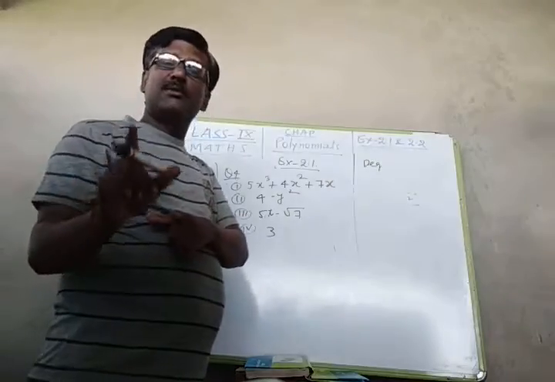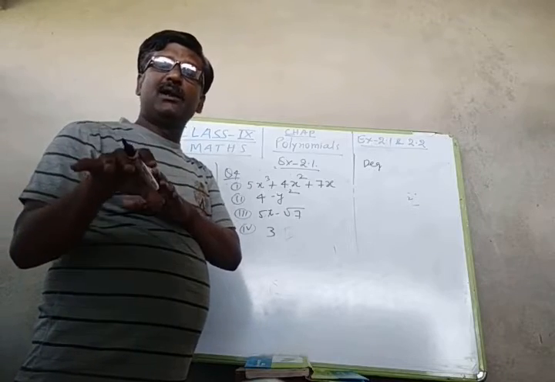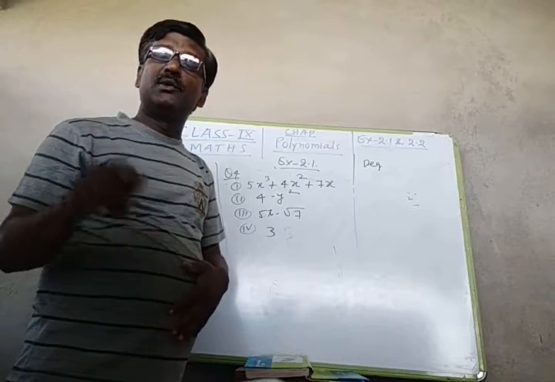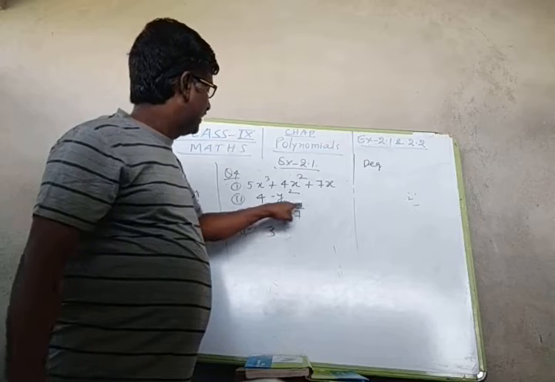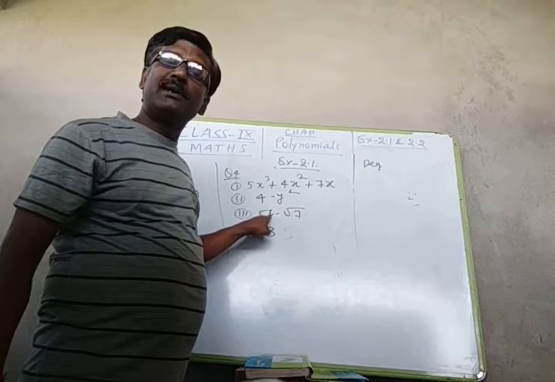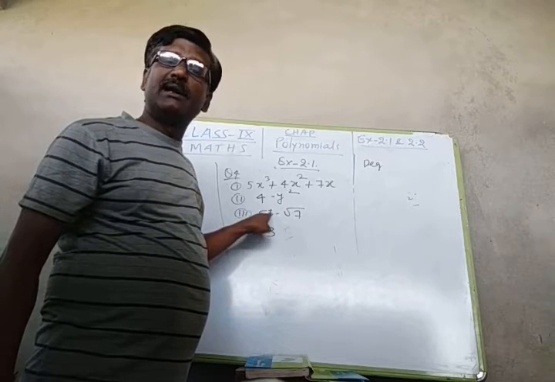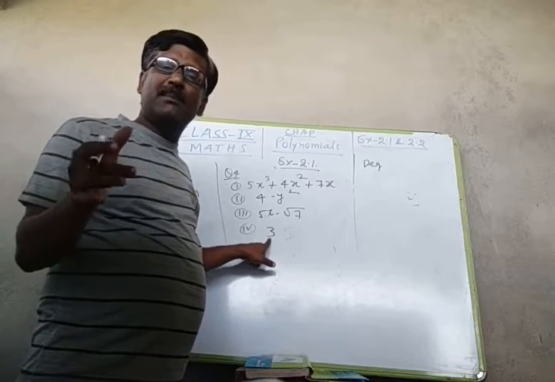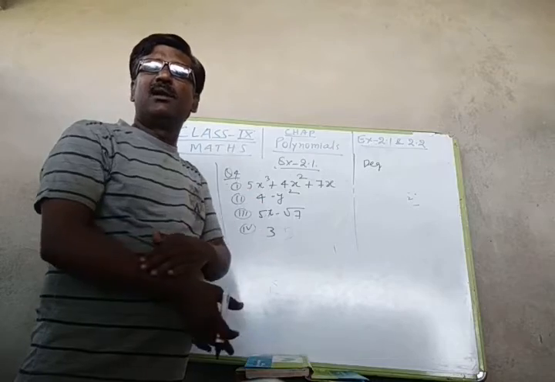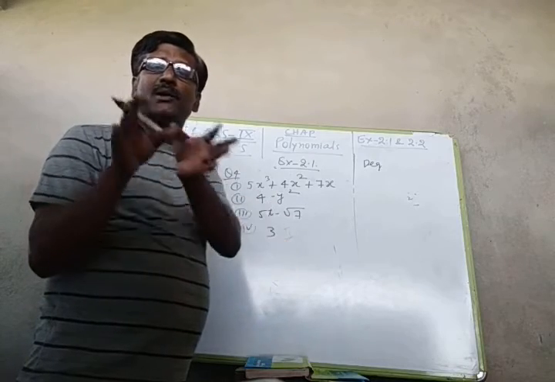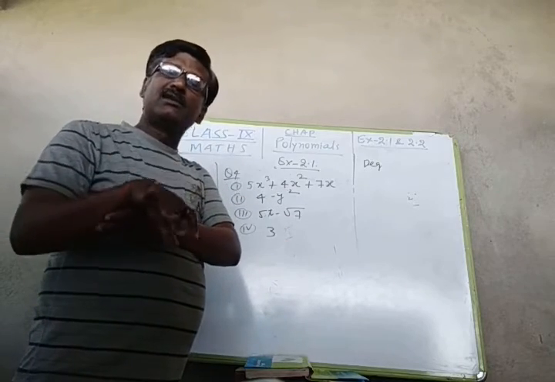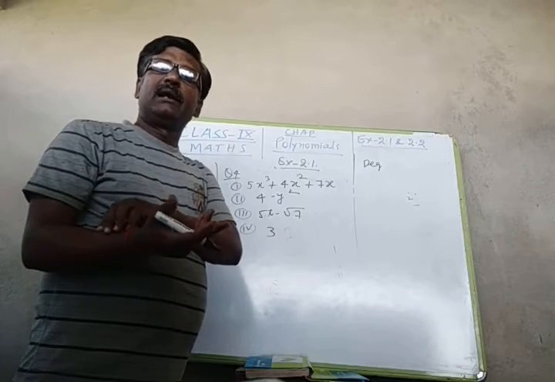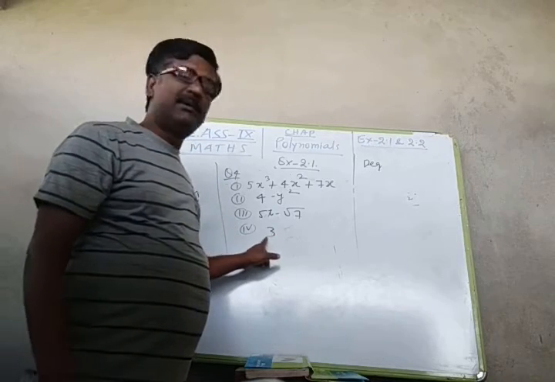And one more thing you have to know, the degree of a constant term is taken as 0. This is only a constant term, only a number, no variable is given. If there is no variable and only a constant term is there, in that situation we consider its degree to be 0.